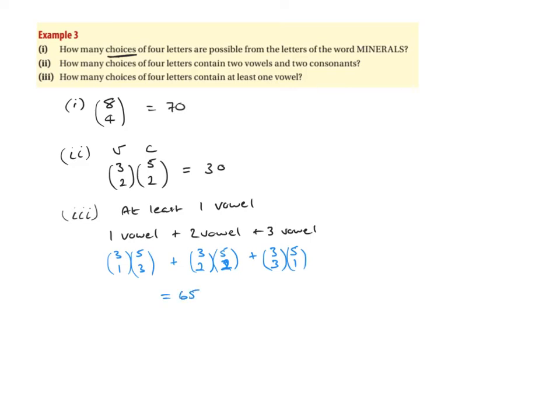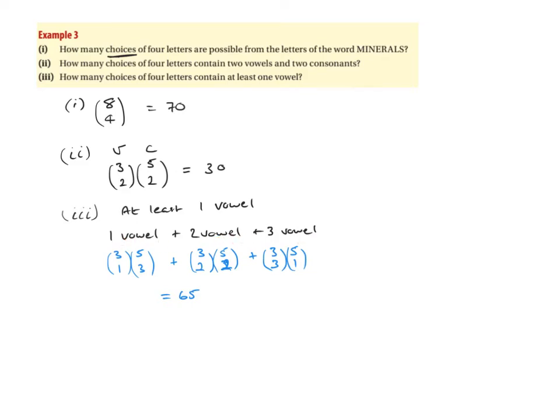Now, there's also another way to do this, which will save us a bit of work, and it's actually an easier way to do this. Can you see it says here at least 1 vowel? So what we've done is we've said, okay, at least 1 vowel is 1 vowel plus 2 vowels plus 3 vowels.